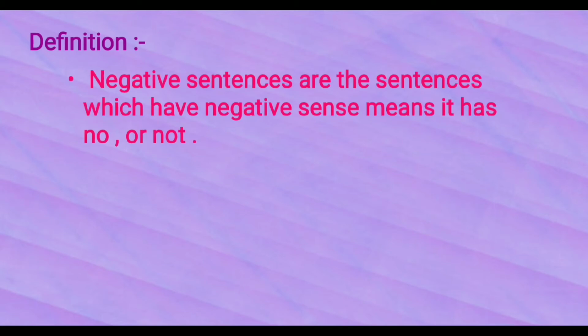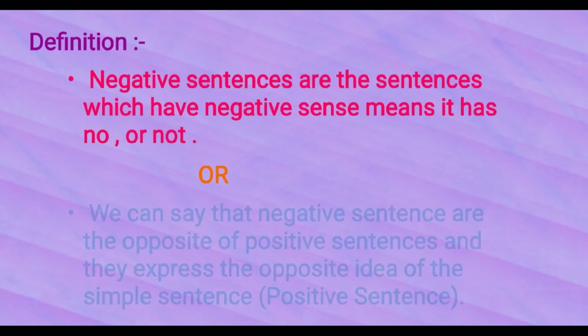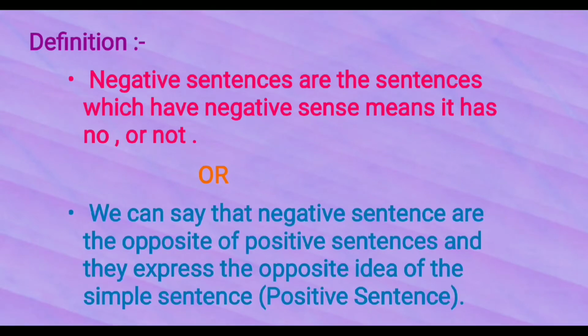Let's see the definition and revise the definition. Negative sentences are the sentences which have negative sense, means they have no or not. Or another definition, we can say that negative sentences are the totally opposite sentences of the positive sentences. It expresses the opposite meaning of the positive sentences. Positive sentences represent the positive form of the sentence.